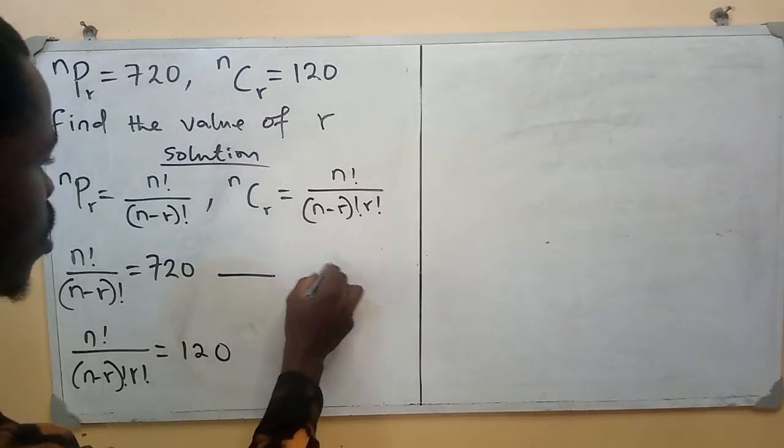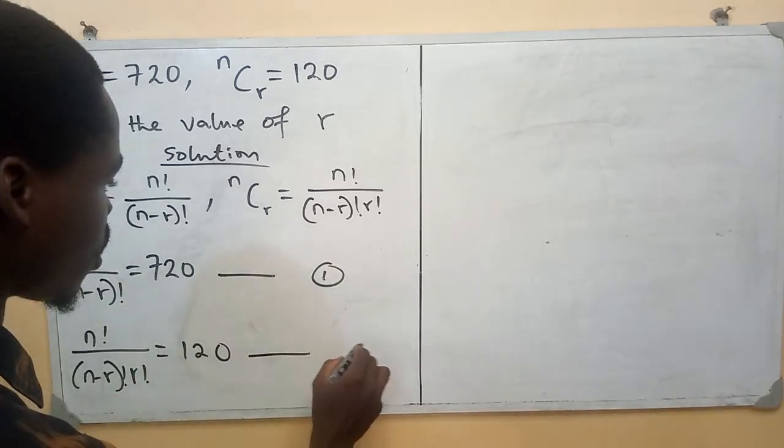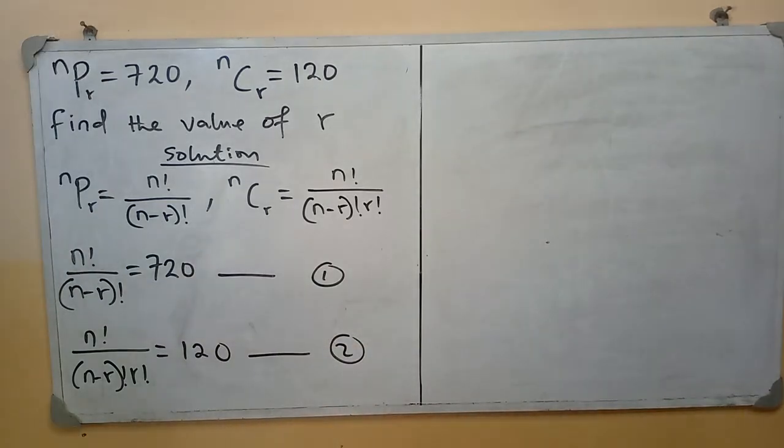So let's take this as equation 1 and this as equation 2. Now we are going to work this out in such a way that one side of the equation will equal the other. So to do that, let's work with the second equation.